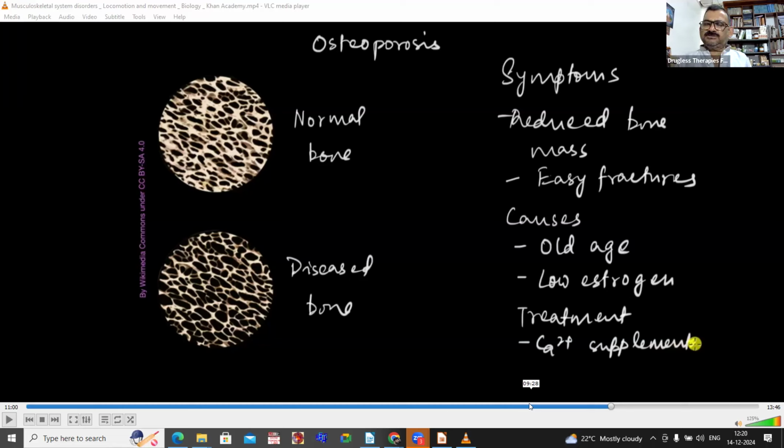the calcium provided in the form of tablets sometimes will not be absorbed in our body, so it will again have some side effects. That's why we should advise naturally occurring calcium. Where can we get natural calcium? Ragi, ragi is a very good source of calcium.